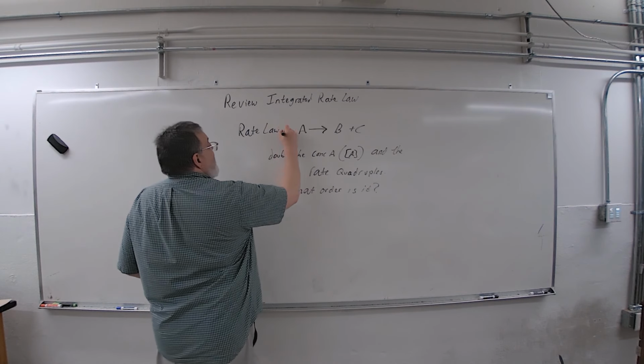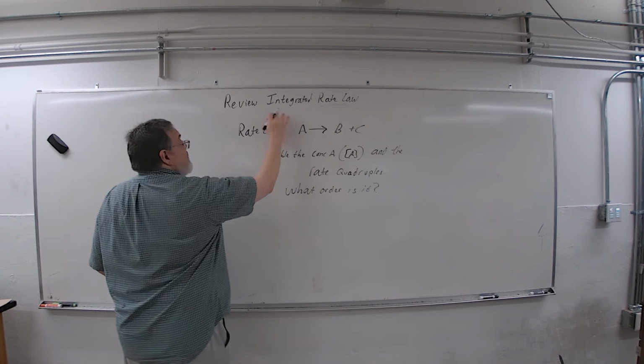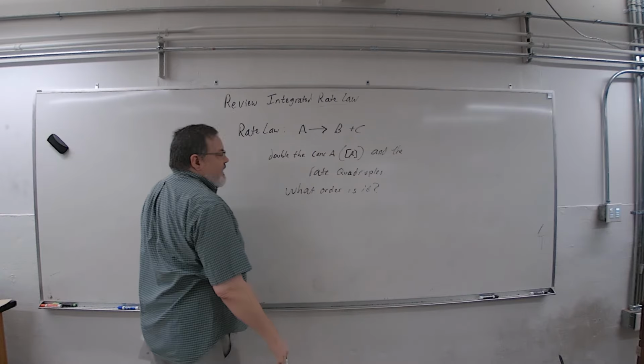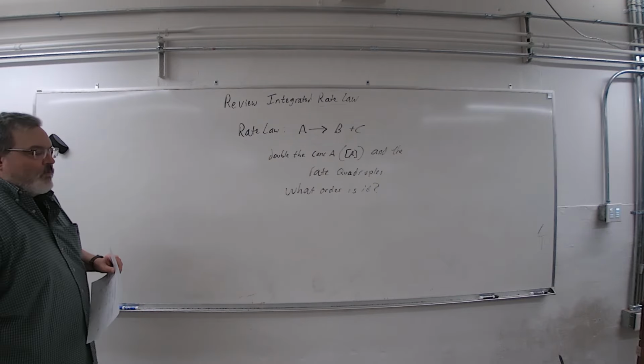I'm going back to rate law for just a second. This is an integrated rate law. But if you have this reaction, so that double the concentration of A and the rate quadrupled, what is the order?